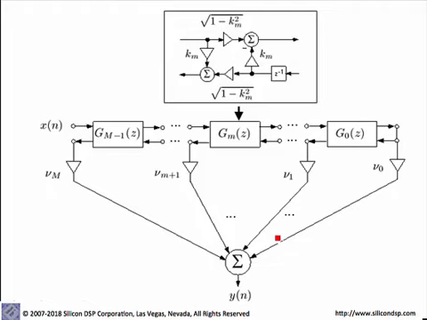Now, a key benefit of the normalized lattice filter is as follows. Due to the particular nature of the normalized lattice filter, especially the fact that we're adding additional multipliers, it turns out that in all of these sections, there is absolutely no overflow in any of the nodes in implementing the normalized lattice filter. This is very important.